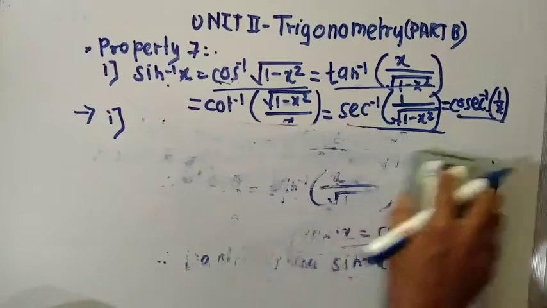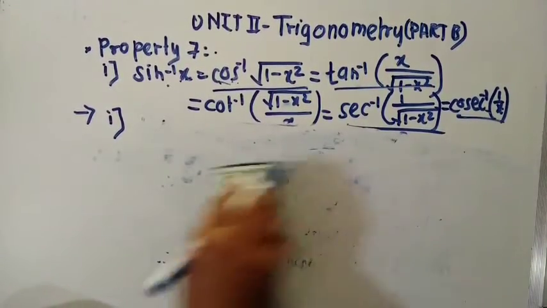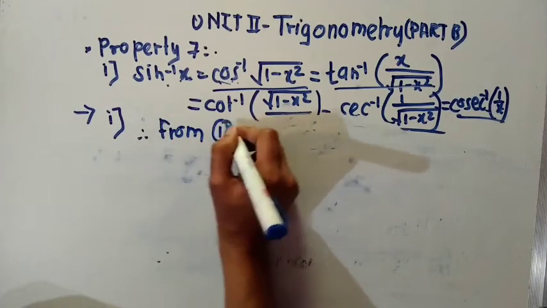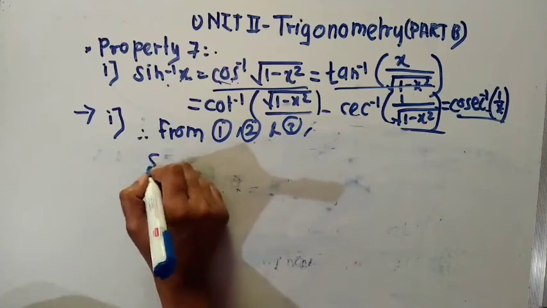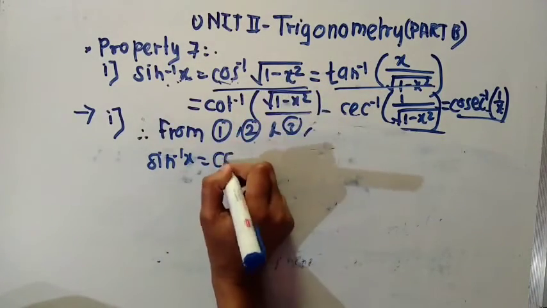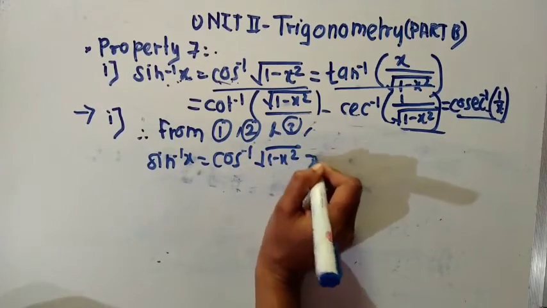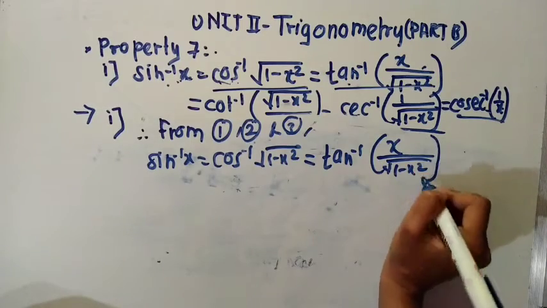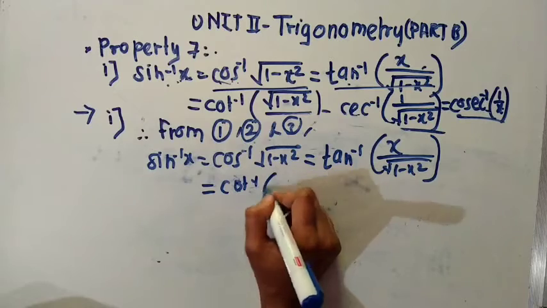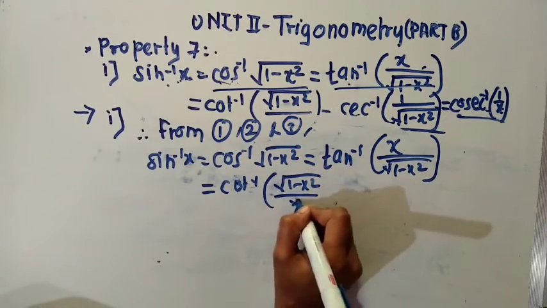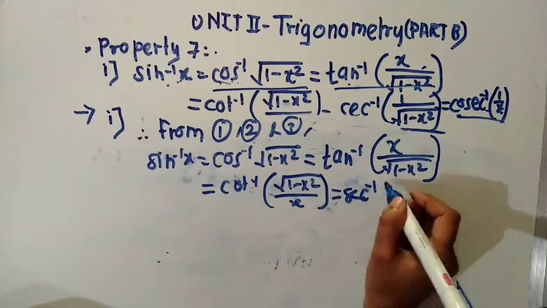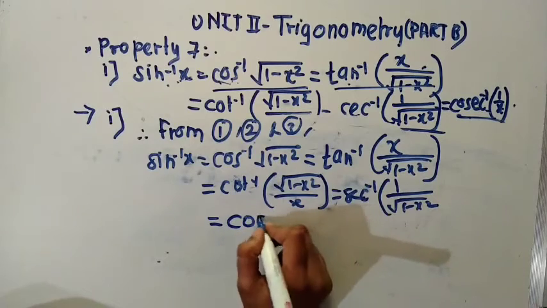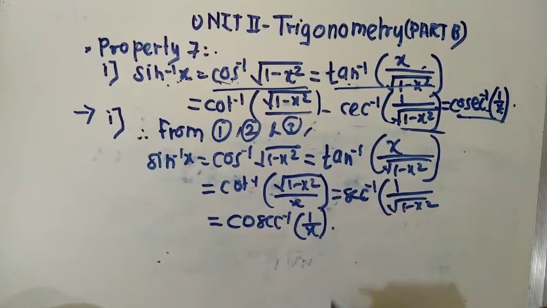Hence from this equation, from 1, 2 and 3 we get sin inverse of x is equal to cos inverse of root 1 minus x square, and tan inverse of x upon root 1 minus x square is equal to cot inverse of root 1 minus x square upon x, is equal to sec inverse of 1 upon root 1 minus x square, is equal to cosec inverse of 1 upon x.